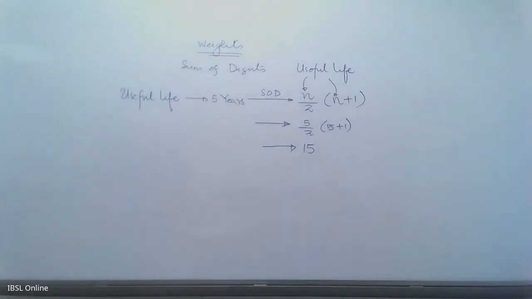So the sum of digits for a useful life of 5 years will be 15. Likewise, depending on the question, you can calculate the sum of digits for any useful life. This is how the sum of digits works.